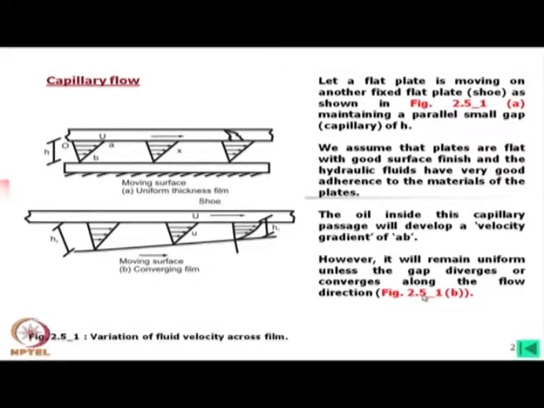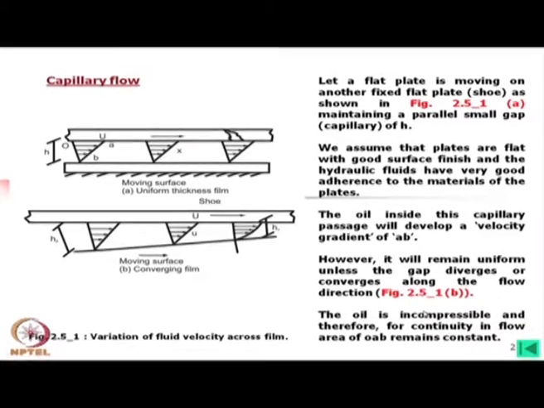Now, this is quite interesting. What we find is that the velocity of the midpoints is gradually increasing in this case. The oil is incompressible and therefore, for continuity in flow, the area of OAB remains constant. This area will always remain constant, which I have already told you.